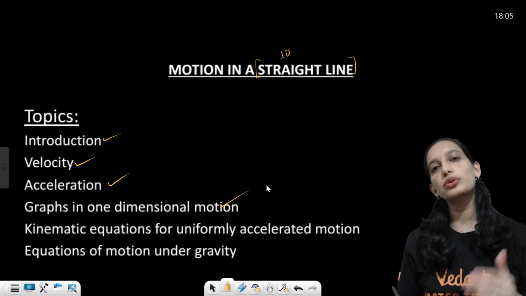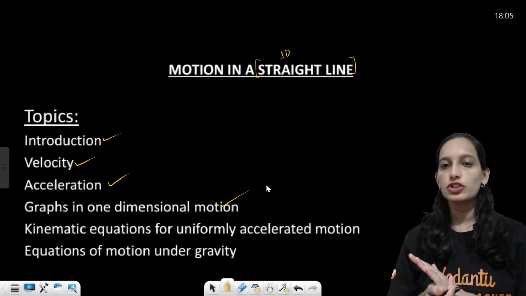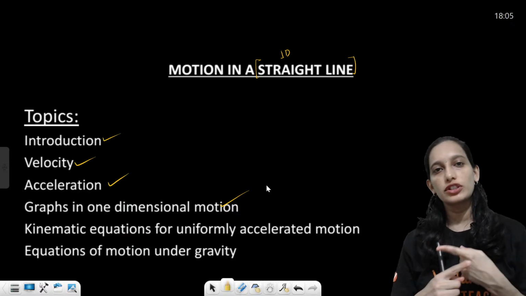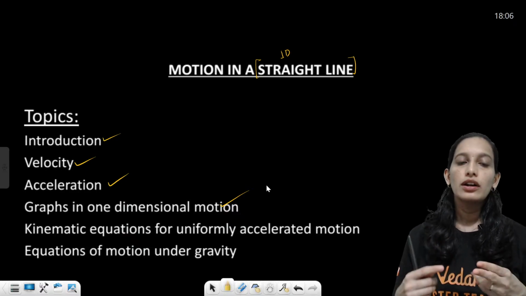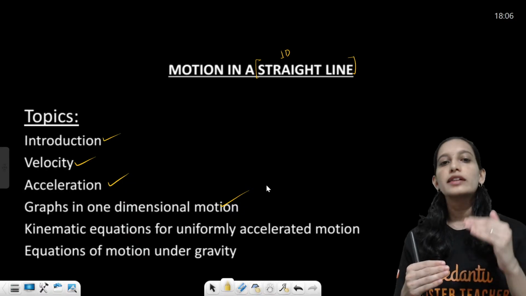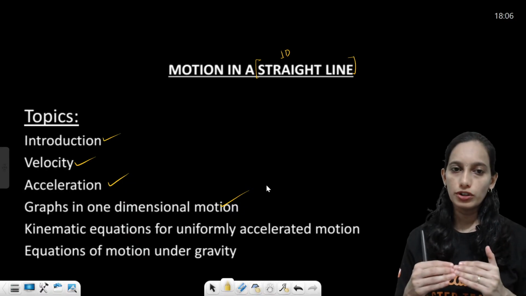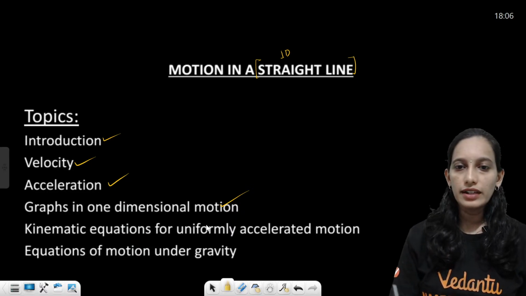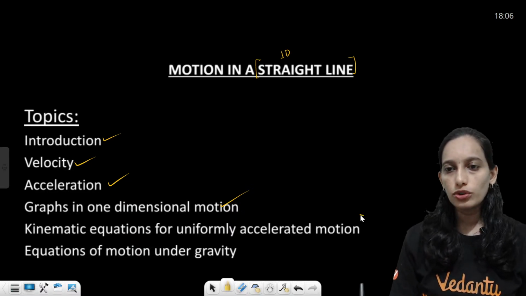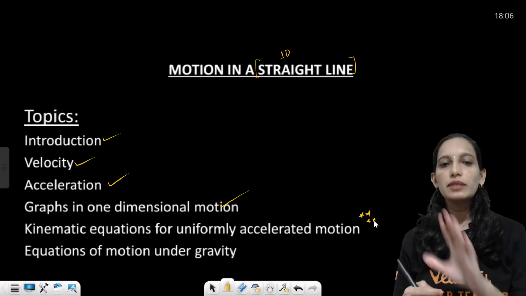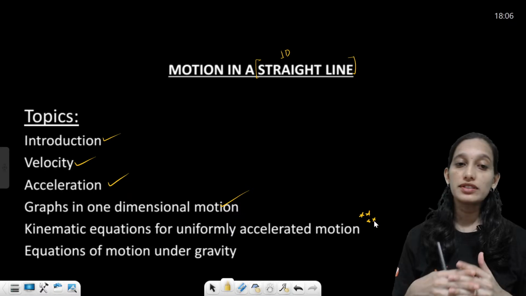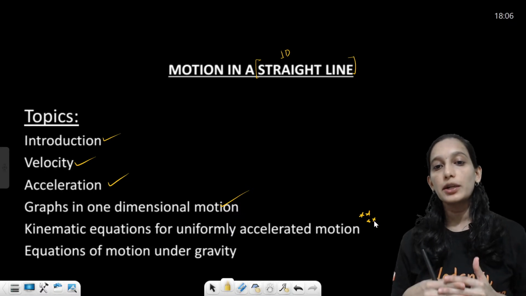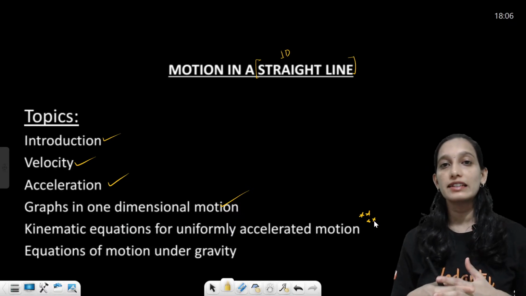Then we will move on to the graphs of one-dimensional motion. It can be the position time graph, velocity time graph. We will look at the graphs of one-dimensional motion corresponding to different situations. And then the most important concept of this chapter is the kinematic equations for uniformly accelerated motion.